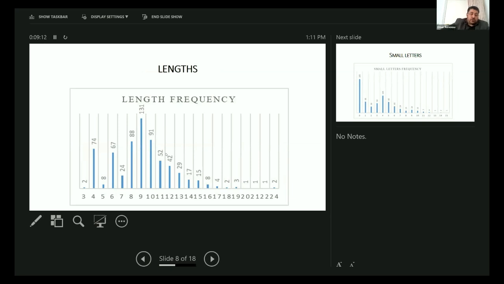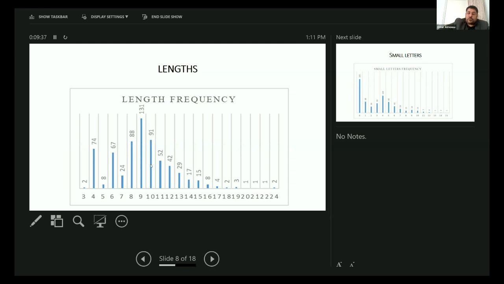As you noticed, most of them have a length of 8, 9, and 10, almost half of them in those 3 categories. And this is in the absence of any password policy enforcement on students on how to pick their passwords.